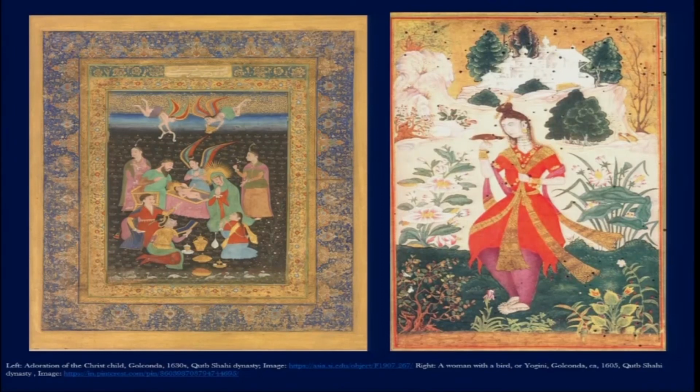And on the two sides of the yogini figures, there are oversized flowering plants. Again, as I have said, we do not have much information about what these oversized plants have to do with the yogini figures, but we do see that there is experimentation with scale in the Deccani miniature paintings.